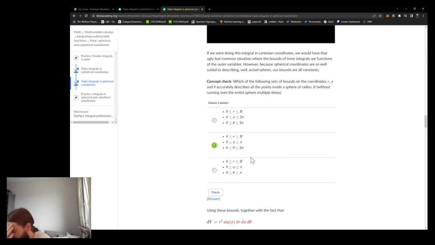Because if you say I'm going to do the full round, then with theta you can do pi, and then you do pi with that. I think it doesn't really matter, but let's stick to these. So I think it's definitely B.